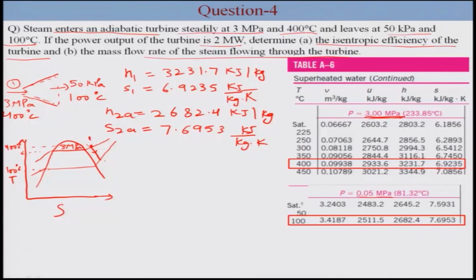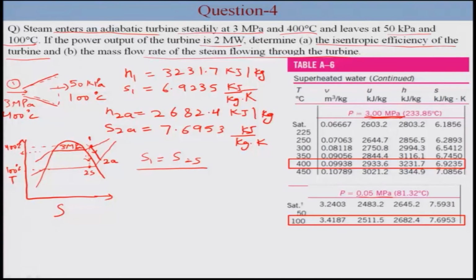So, this is point 2A, but for an isentropic process the entropy will remain constant and it will go vertically like this. So, this is represented as point 2S. Here S1 is equal to S2S, so this represents an isentropic process.